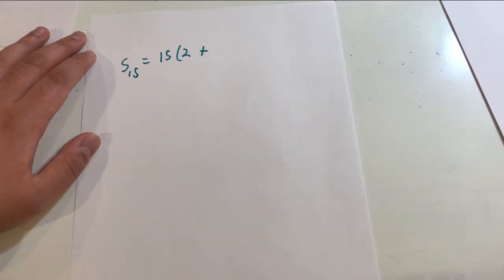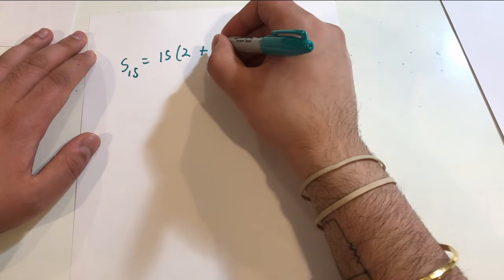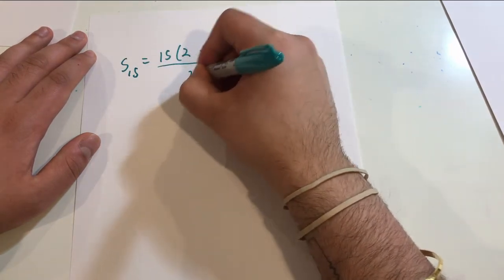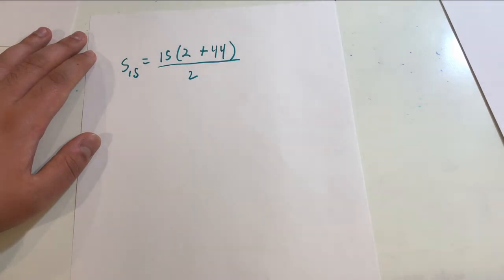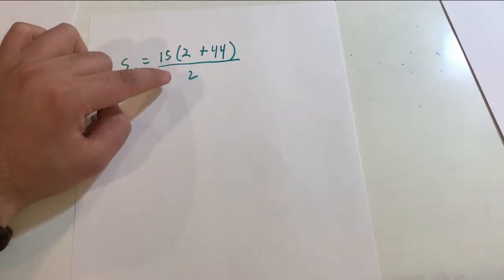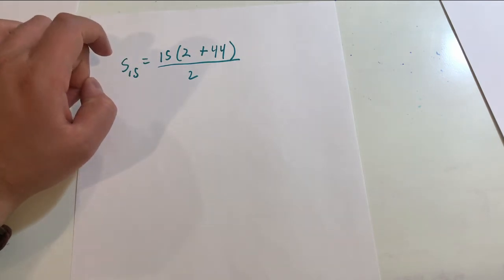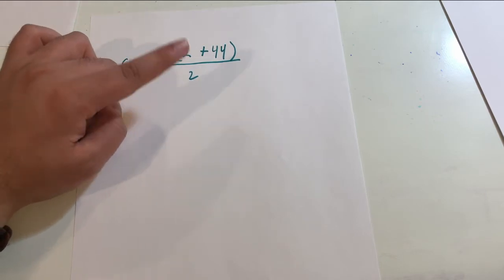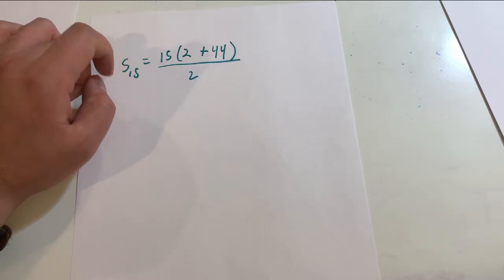So 3 times 15 is 45, minus 1 gets us 44. So 44 is the 15th term, all divided by 2. Okay, now 44 plus 2, obviously 46, times 15 is 690, divided by 2 is 345.